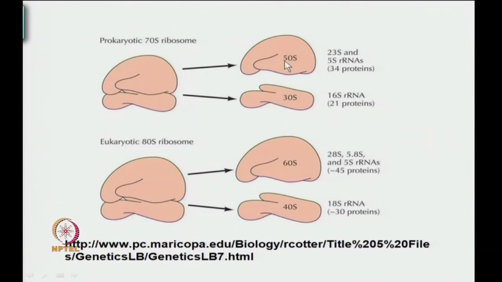The bigger one is the 50S and the smaller one is the 30S, and on the right-hand side you see the respective components of these units. Similarly, the eukaryotic ribosome has the 60S subunit and the 40S subunit, and again in the text you see the composition of these two respective subunits.